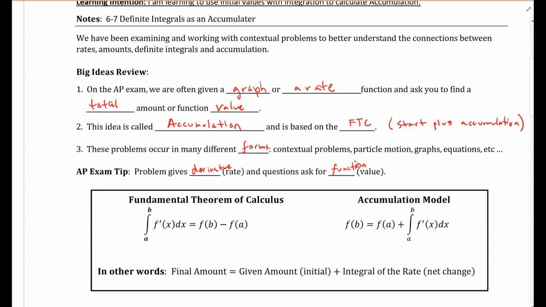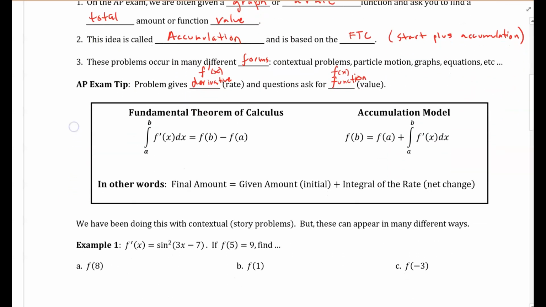So it'll ask about f prime of x and then ask for f of x for the function value. So, what is this accumulation model, and what am I even talking about?